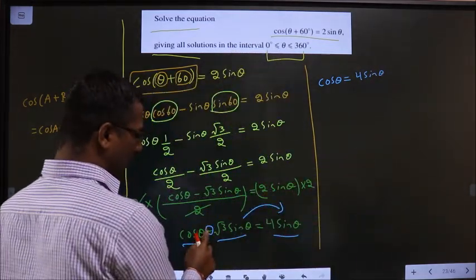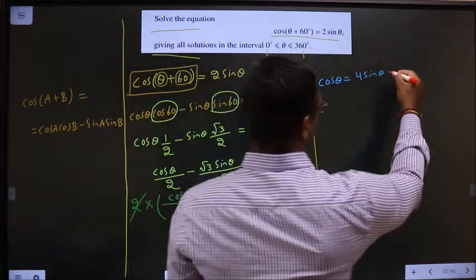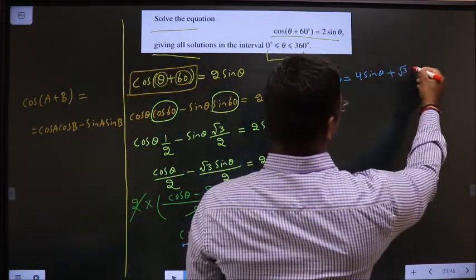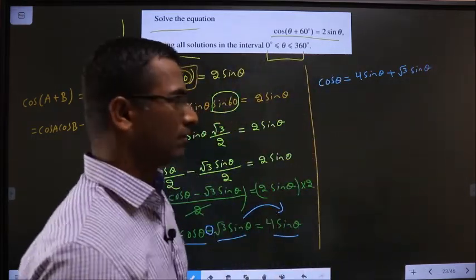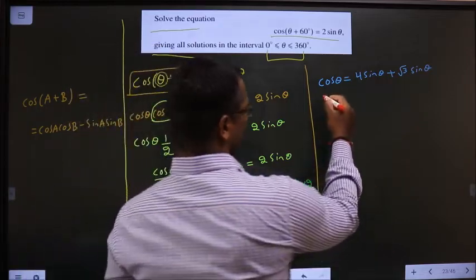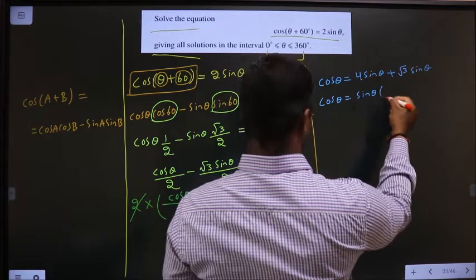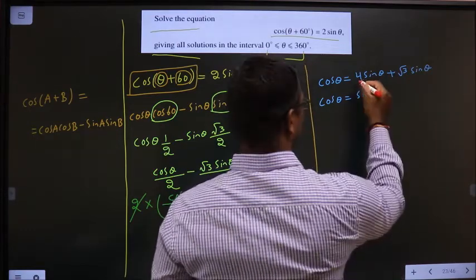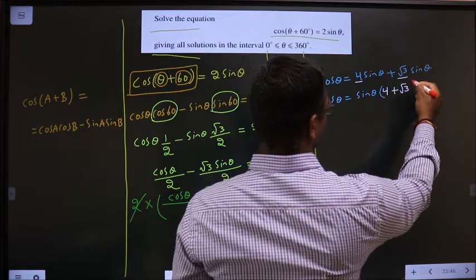Here it is minus, after shifting it will become plus root 3 sin theta. Now take sin theta common. So what do I get? Cos theta equal to sin theta, if I take common, here I am left with 4 and here I am left with root 3.